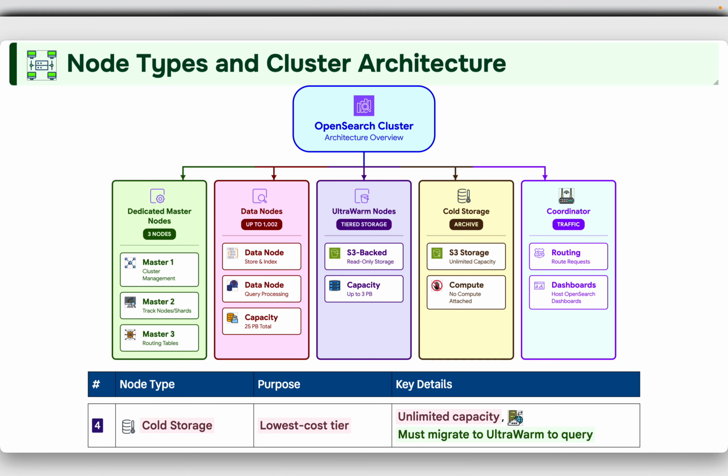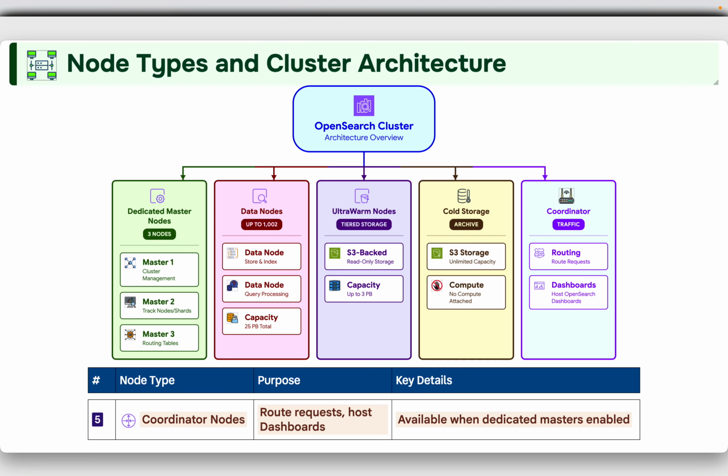Cold storage is the lowest cost tier with unlimited capacity. You must migrate data to ultra warm before you can query it. Coordinator nodes route requests and host OpenSearch dashboards. They are only available when dedicated master nodes are enabled.